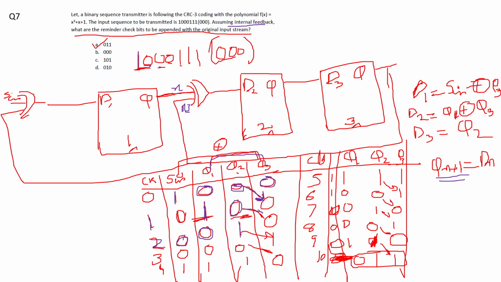And D3 equals Q2, and since Qn plus 1 equals Dn, Q3 of the next cycle will be equal to Q2. Similarly, we follow this trend, and finally after the 10th clock cycle we have the remainder bits 0 1 1. So 0 1 1 need to be appended to the original input stream.